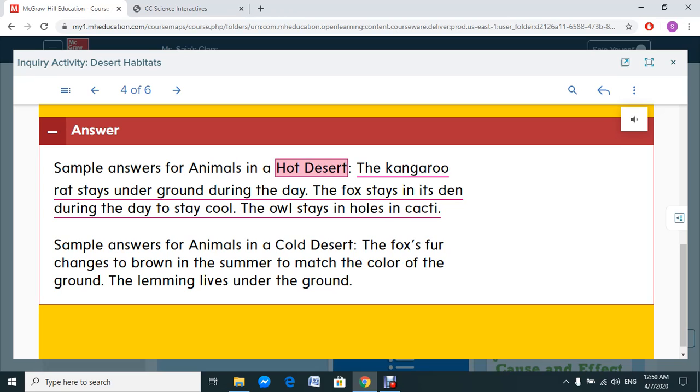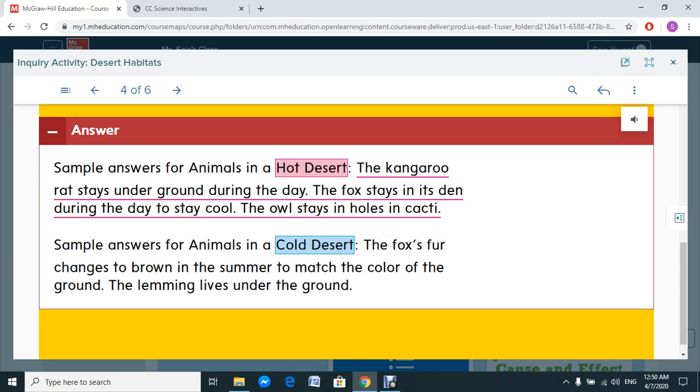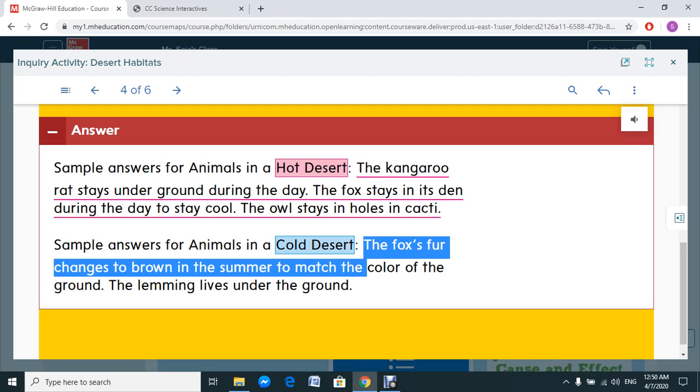And in cold desert, in the second part of the table, I will color it blue. The fox's fur changes to brown in the summer to match the color of the ground. The lemming lives under the ground, okay?